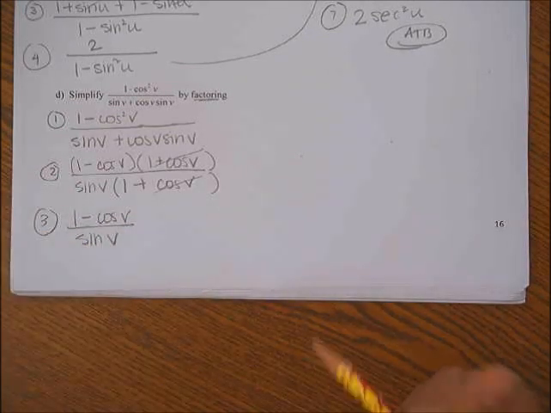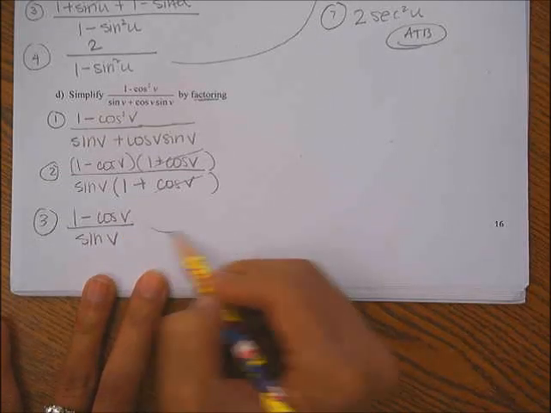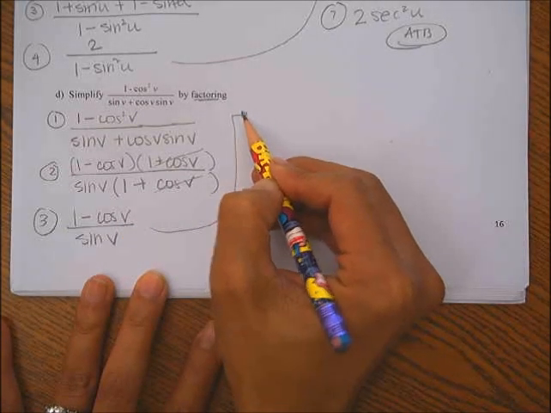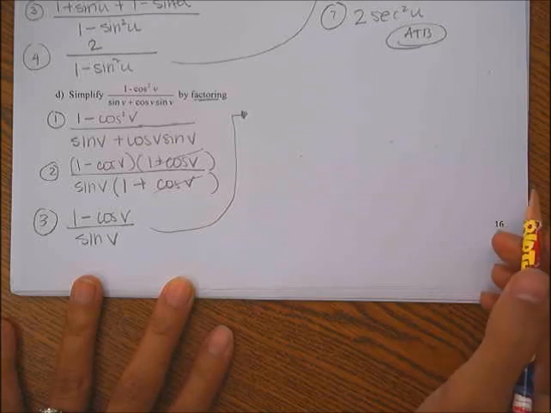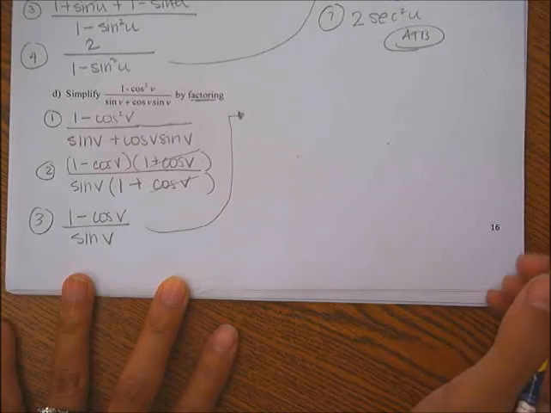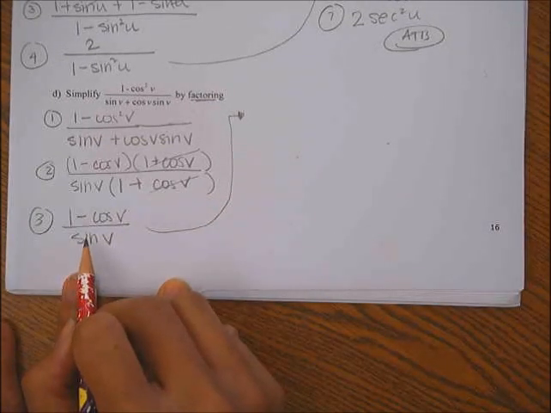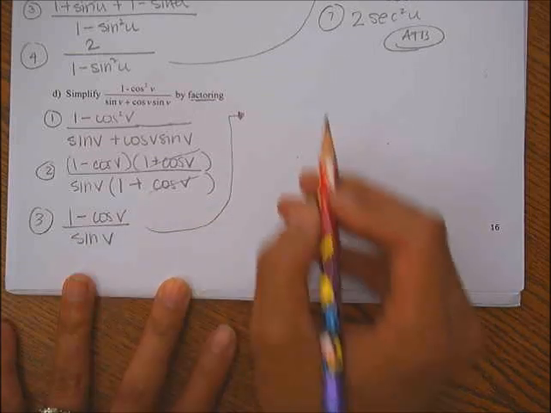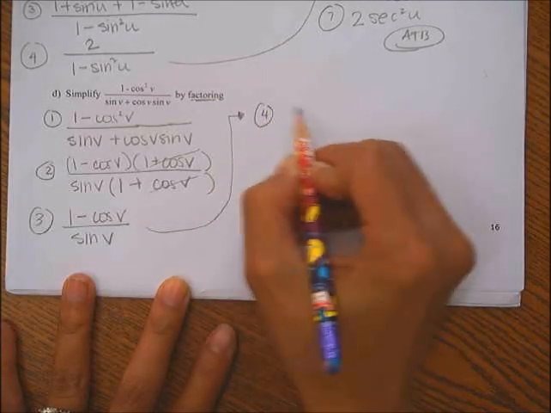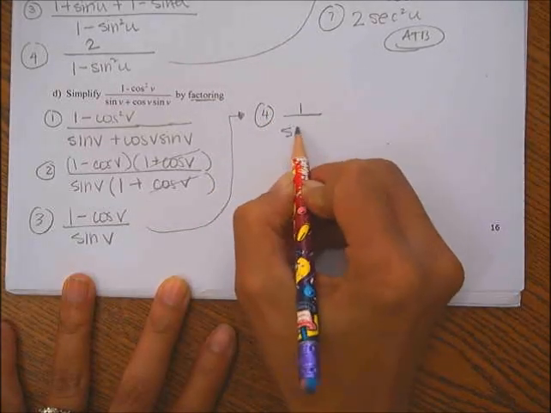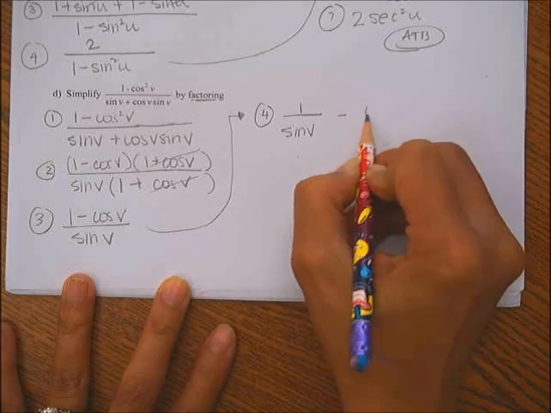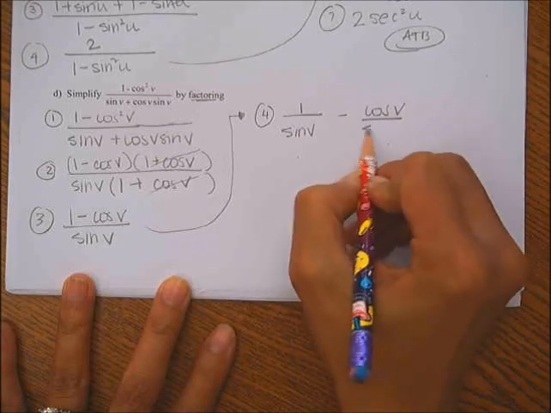Now this is still in a fraction format, which is not quite as cute, so we're going to rewrite it to get into a non-fraction format. This is all over one denominator, which I can go backwards and write like this: 1 over sine of v minus cosine of v over sine of v.